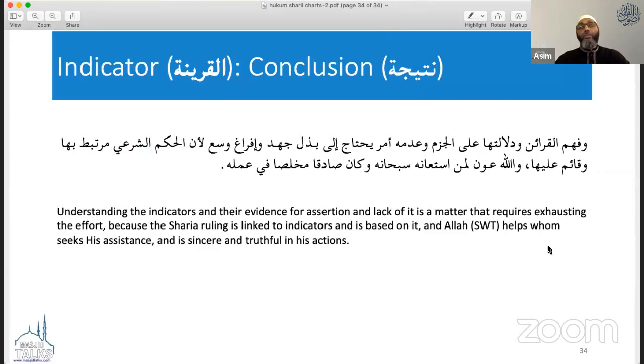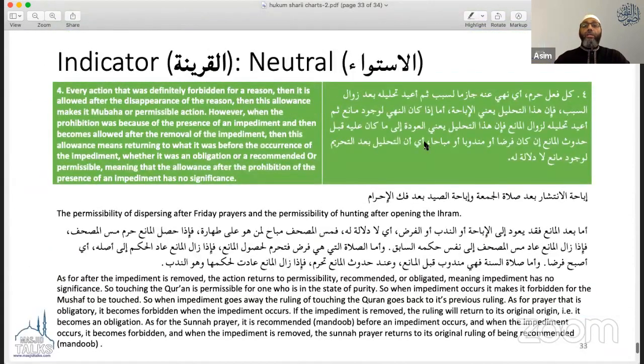But the point here is I want to make sure that we don't lose something. When we talk about the whole issue of ahkam and its categorization, for example, something is fard, something is sunnah, or haram, makruh and mubah, the purpose is not to look for an excuse not to do sunnah actions, for example, to say, oh, this is not a fard, so I don't have to do it.